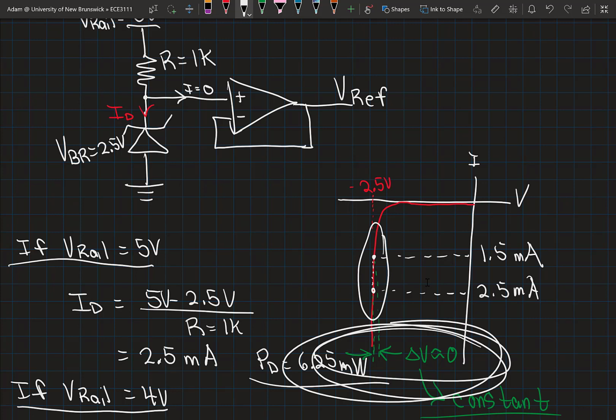So we generally want to make sure we're biasing these diodes in a steep region of the characteristic. We want to stay away from this region because small changes in current can have a more impactful effect on the voltage across the diode in that region. So we want to be well into the breakdown region while still having reasonable levels of current.